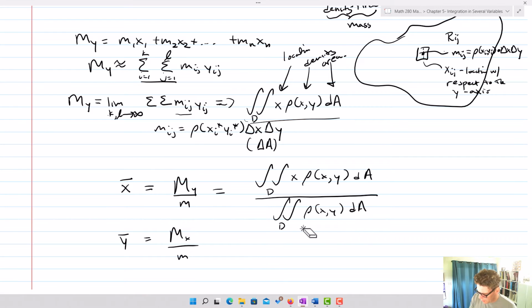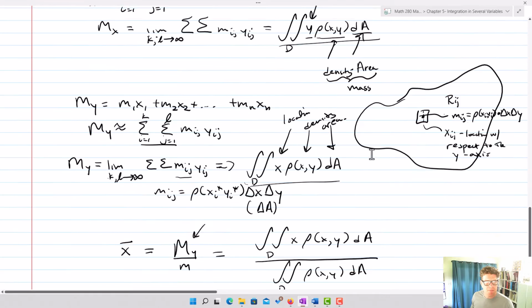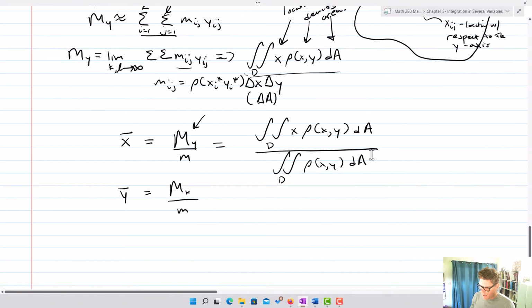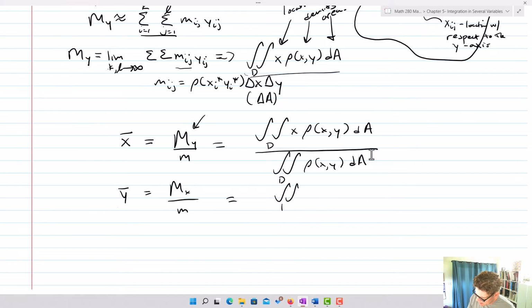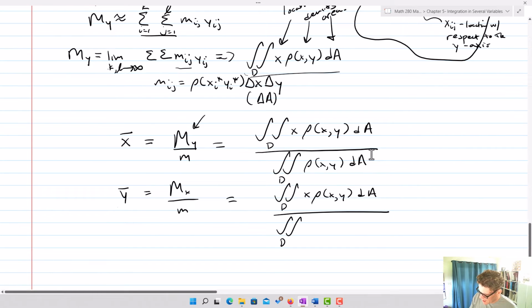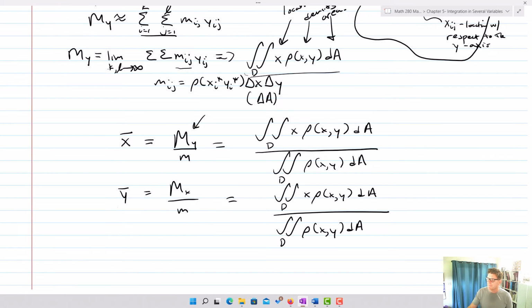Okay, so M_y over the mass, and then y bar is going to end up equaling the double integral over D of y rho of xy dA divided by the double integral over D of rho of xy dA. Okay, and that ends up giving us our center of mass.